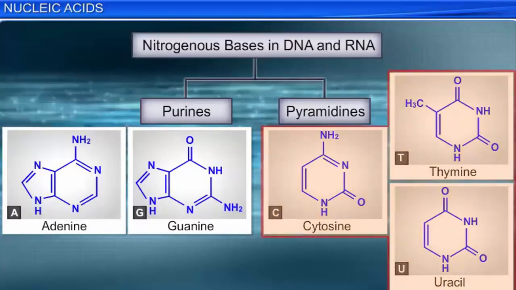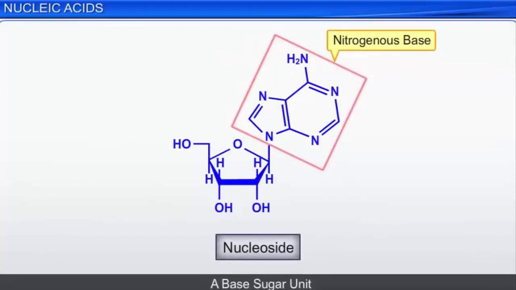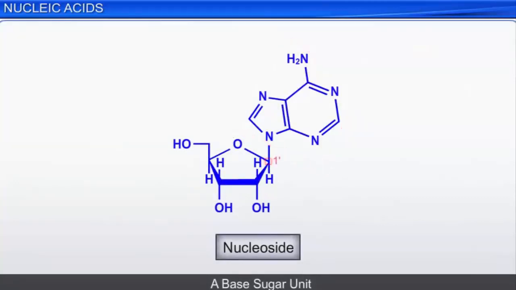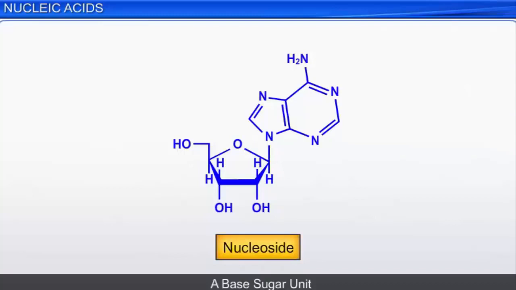A nitrogenous base attached to the C1' carbon of the sugar is called a nucleoside or a base-sugar unit. The nucleoside adenosine is shown here. Note that we number the sugar carbons in nucleosides as 1', 2', and so on, as shown.